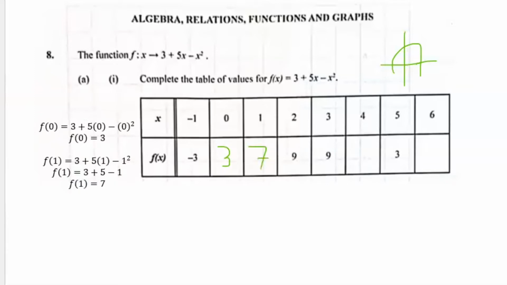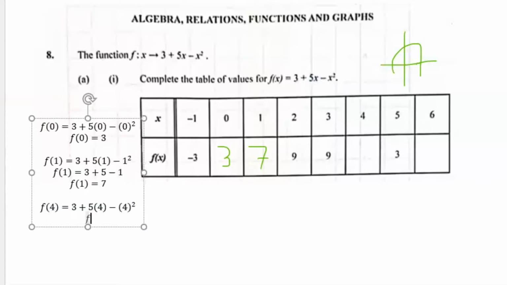Now we're going on to f of 4. Same procedure, everywhere we see x, we replace it with 4. So that will be 3 plus 5 times 4 minus 4 squared.